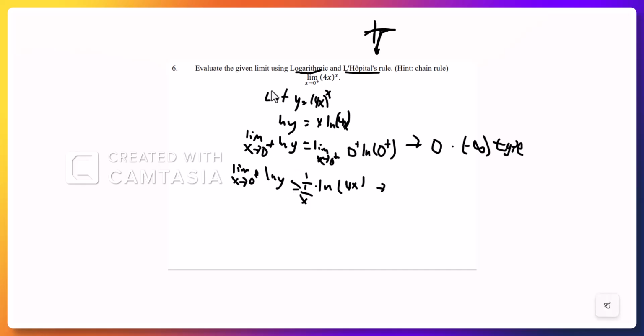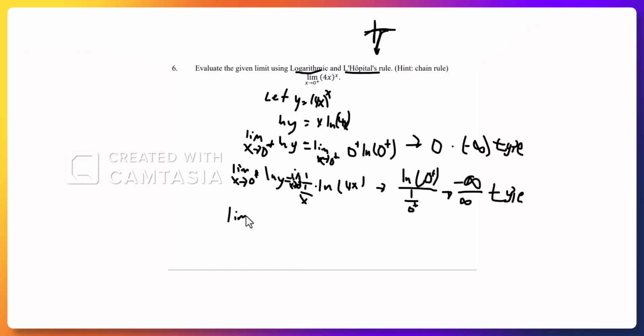This is also being multiplied by the limit as x approaches 0 from the right side. So this is going to be the ln of 0 from the right side over 1 over 0 from the positive side. So this is going to turn into negative infinity over infinity, because a big number over a small number is going to be infinity. So this is also going to be an indeterminate type. So now we can apply L'Hopital's rule.